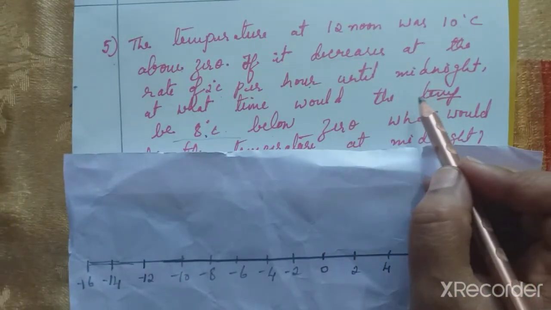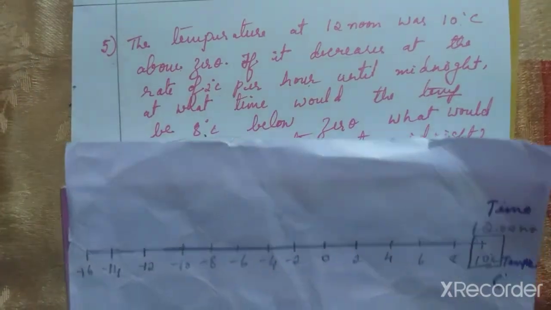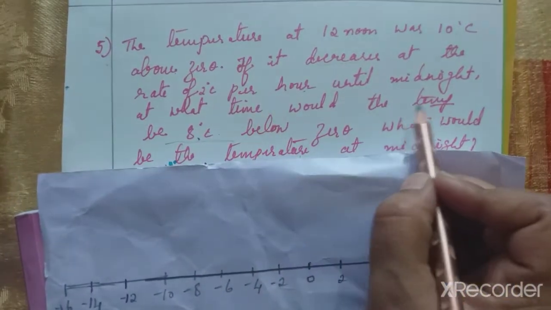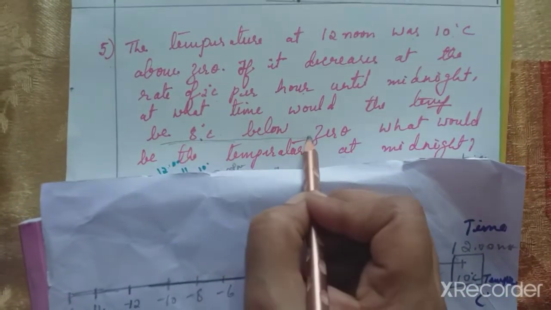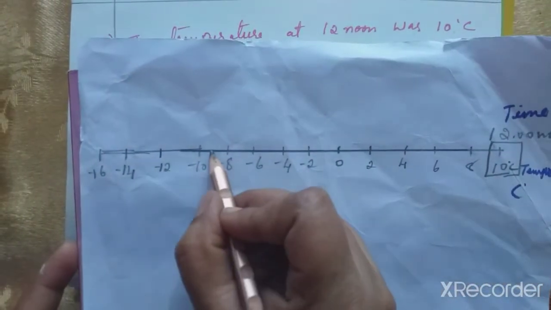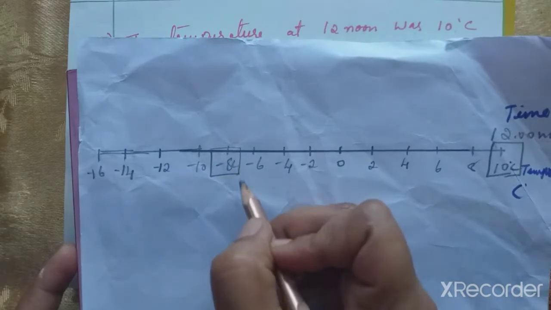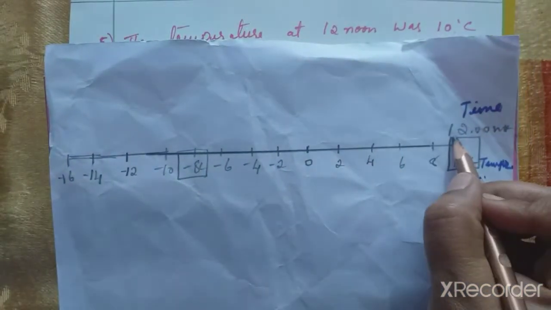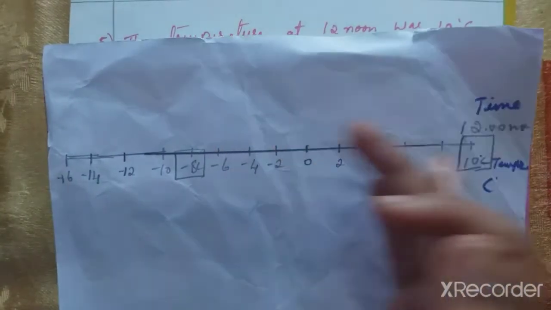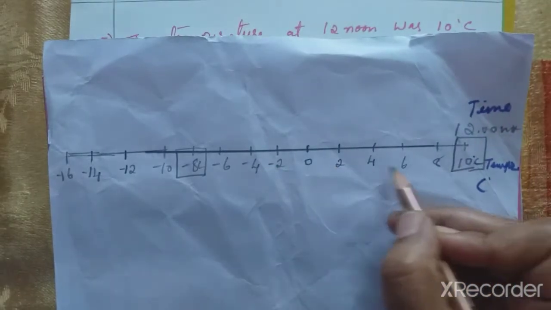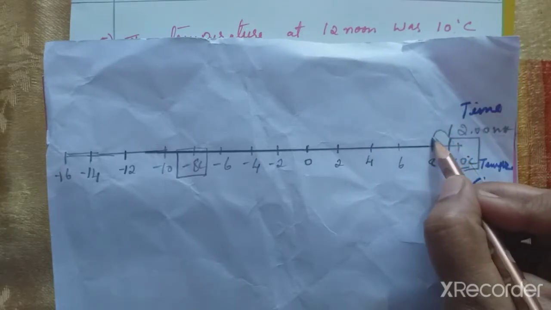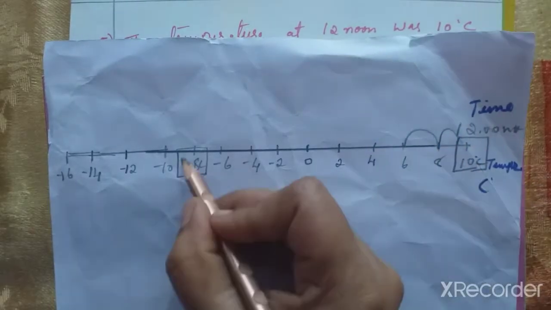At what time would the temperature be 8 degrees Celsius? Positive or negative? The temperature would be below 0. Below means negative, minus 8 degrees. So from 12 noon, per hour 2 degrees Celsius is reducing, and we have to reach minus 8.